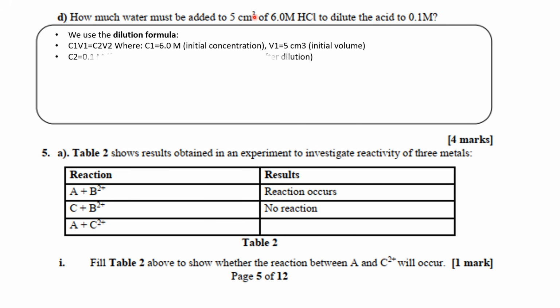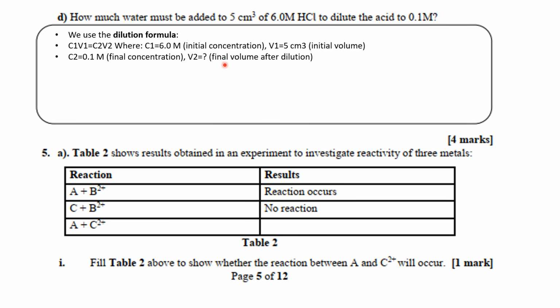While C2 is the final concentration, and V2 is the final volume after dilution, meaning that the water added plus the 5 cubic centimeters together is the final volume.